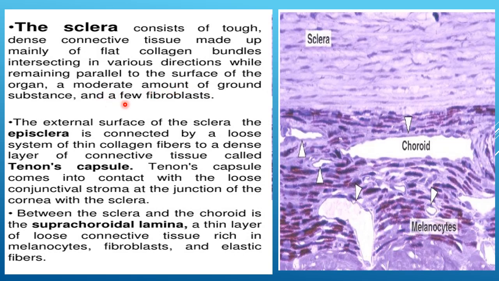Along with the collagen fibers, there is a ground substance, and a small amount of elastic fiber and a few fibroblasts are also appreciated. This sclera proper has at its external surface a very loose connective tissue layer, that is the episclera.